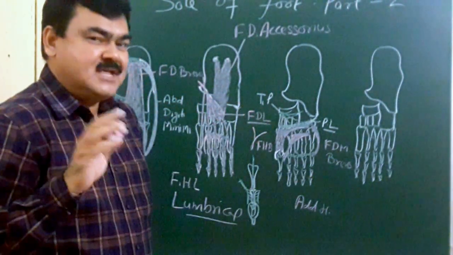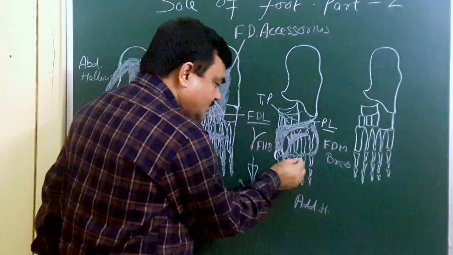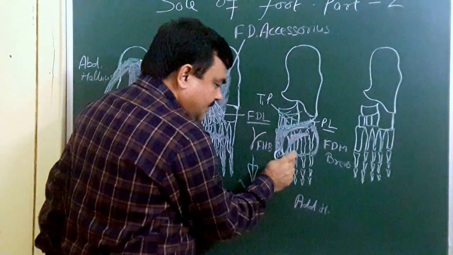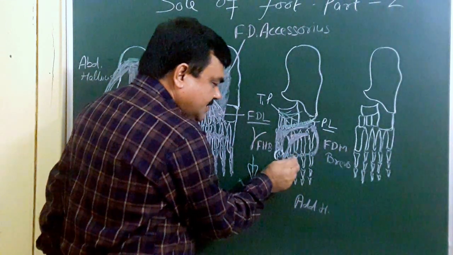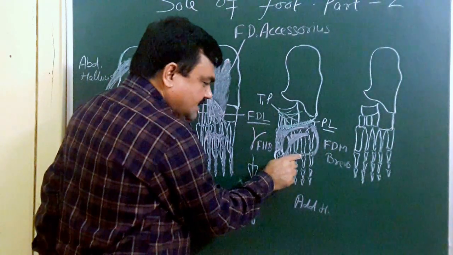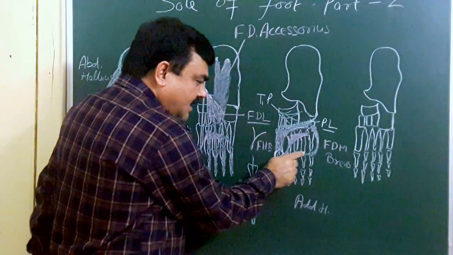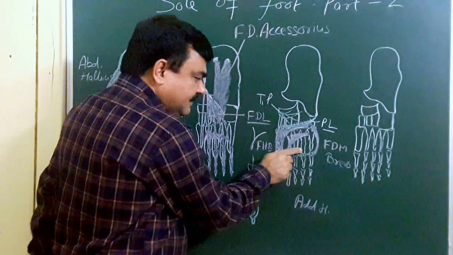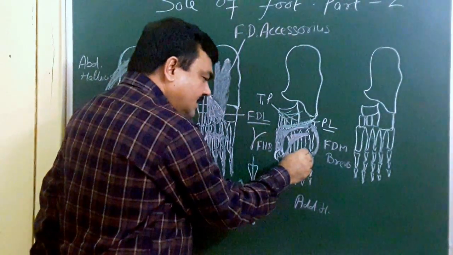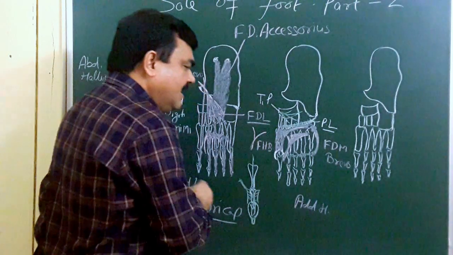Another head is the transverse head. The transverse head takes origin from the deep transverse metatarsal ligament here, and at this metatarsophalangeal joint, on the plantar surface, there is the plantar ligament.